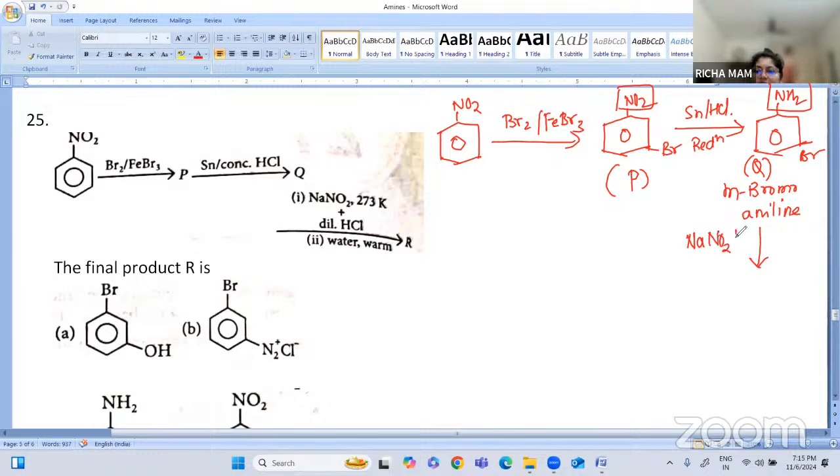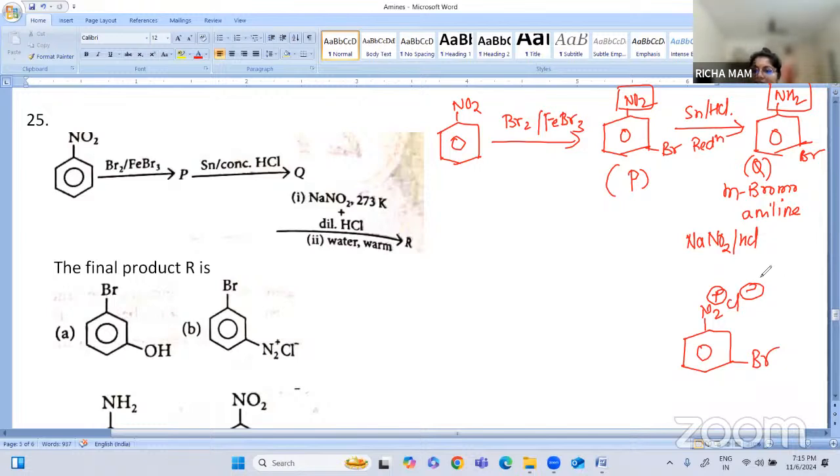Further, I am going to do diazotization in the presence of NaNO2.